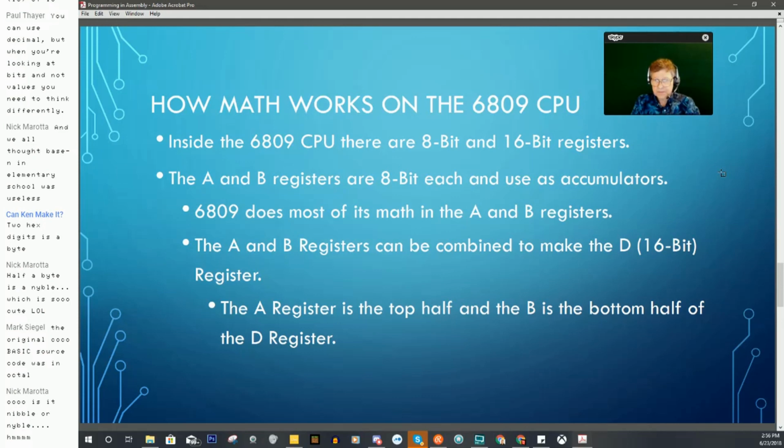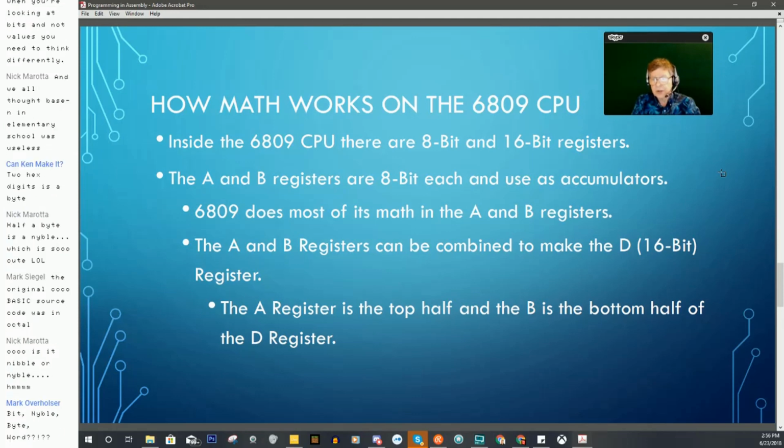Now, one trick that the 6809 does is it can take that 8-bit A and 8-bit B register and combine them into one register called the D register, which is 16 bits. They're not separate registers. The D register is the A and B combined together. And we use the term D to refer to the 16-bit version of those two together.